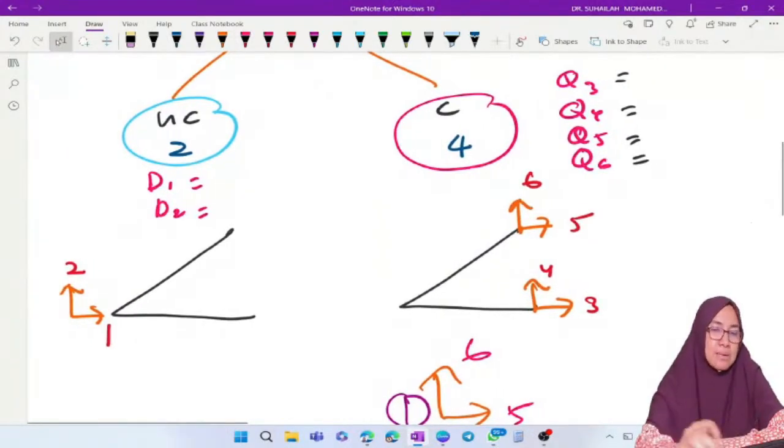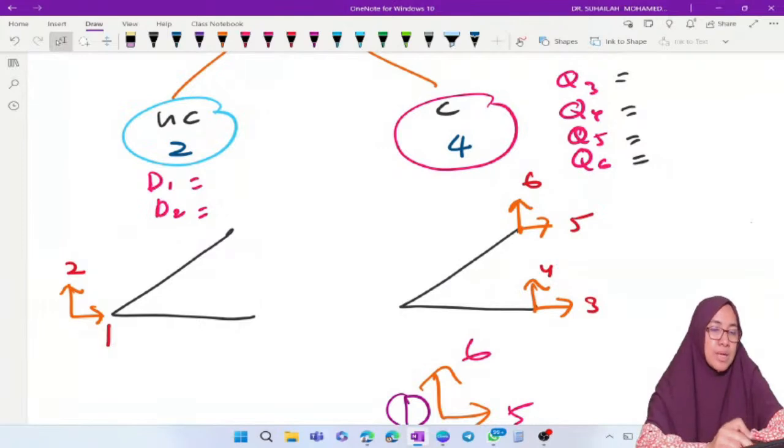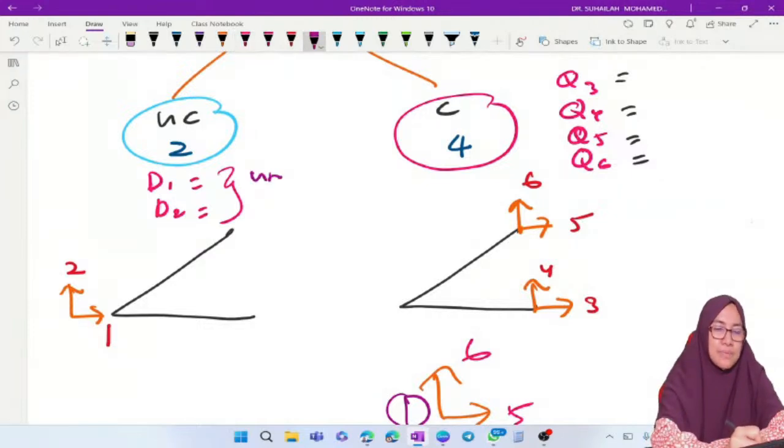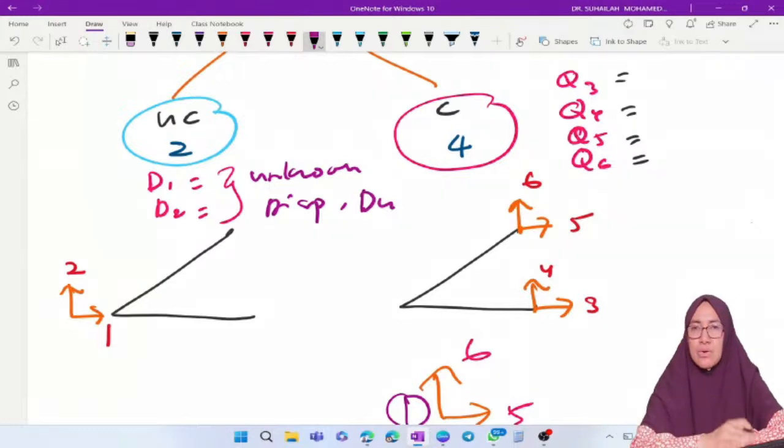Okay, look at this. D1 and D2 mean these are the unknown displacements.